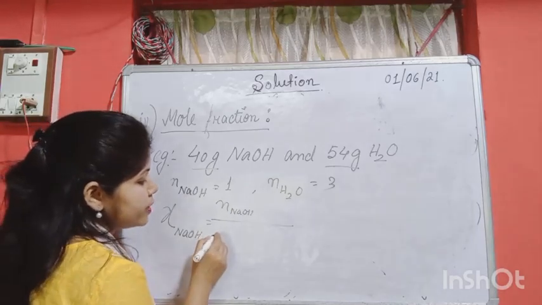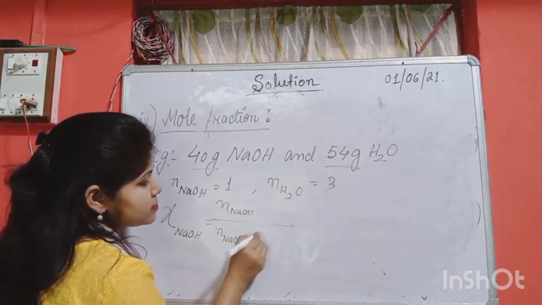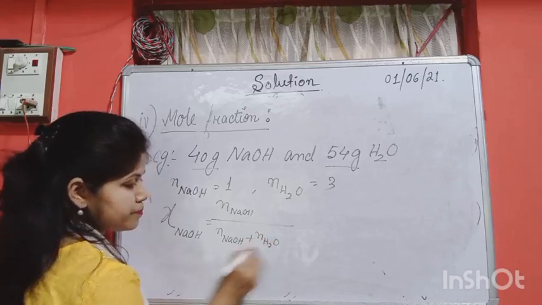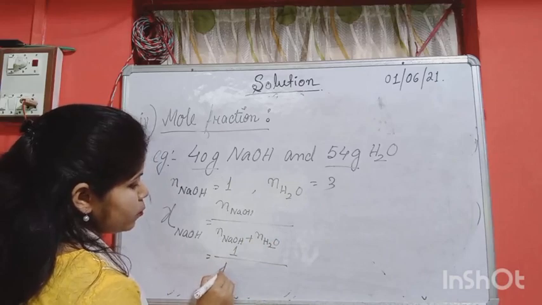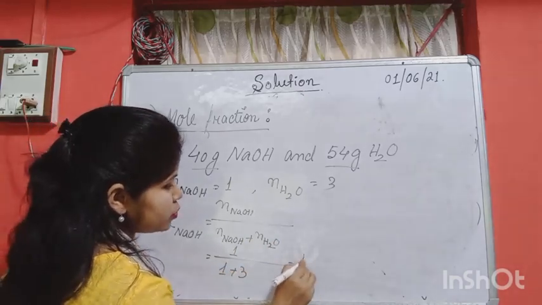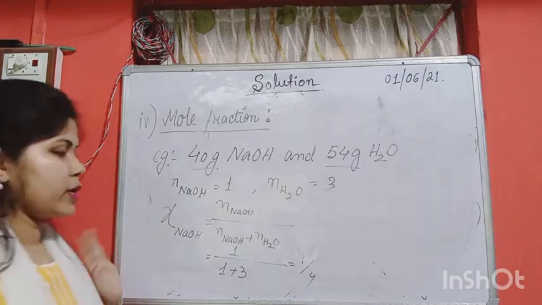That means n of NaOH plus n of H2O. So it will be 1 divided by 1 plus 3, which is equal to 1 by 4. So I have found the mole fraction of NaOH.